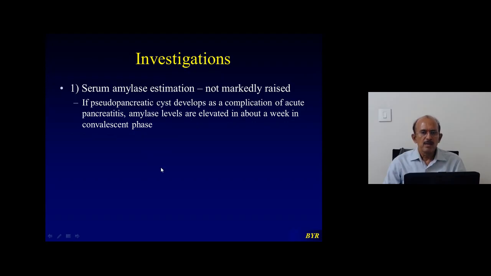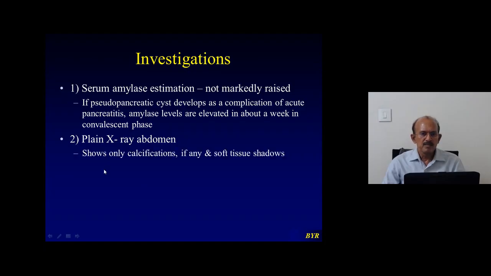That means in acute pancreatitis, by the 4th day, the amylase levels will fall. And if the pseudocyst develops further, they will be slightly elevated and then fall again. So in the early phase of formation of a pseudopancreatic cyst, you can find elevated serum amylase. But when it matures with a thick fibrous wall, then serum amylase will not be elevated.